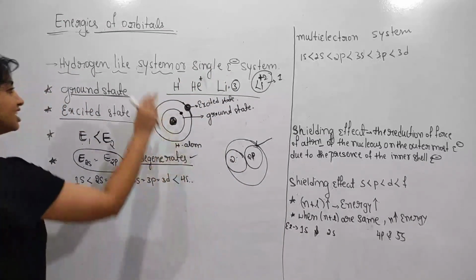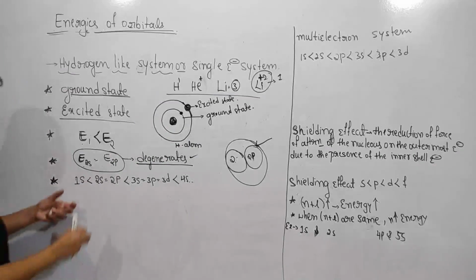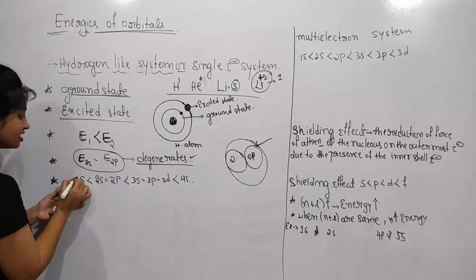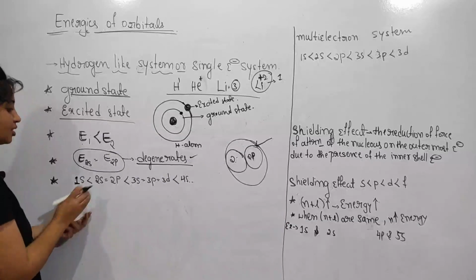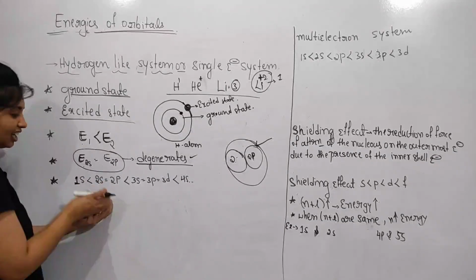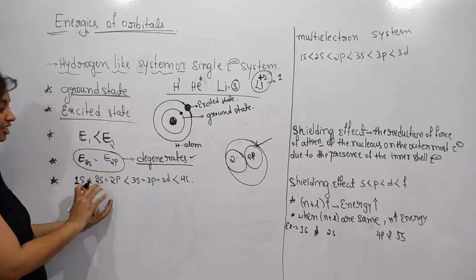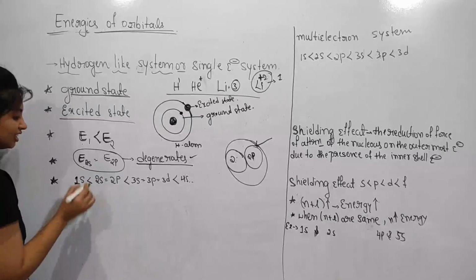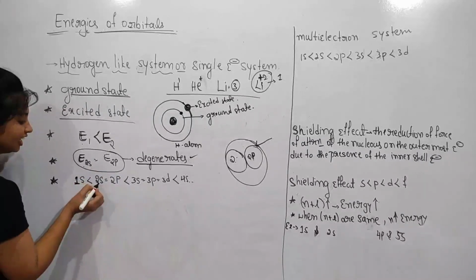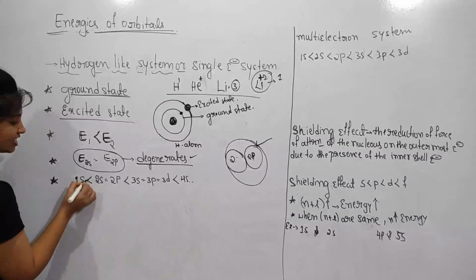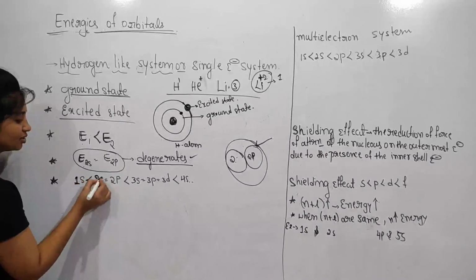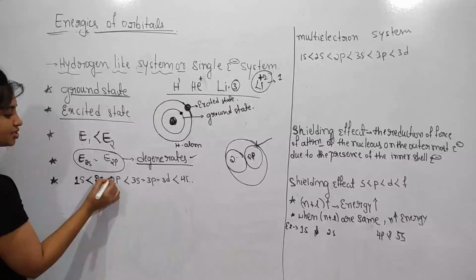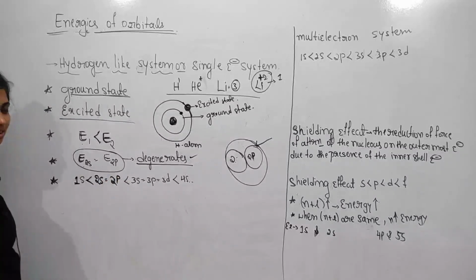So how are the energy levels arranged here? See here, one level has some amount of energy, and the second level has another, higher amount of energy. 1s is less than 2s, and the 2s orbital is equal to the 2p orbital.